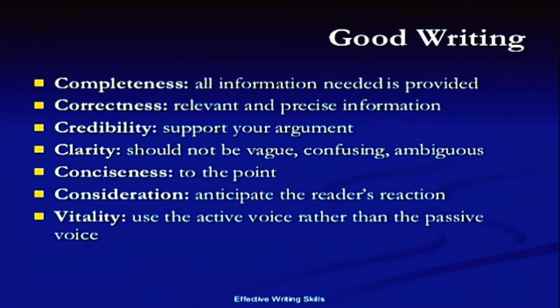Credibility, the written material supports your argument. Clarity means it should not be vague, confusing or ambiguous. Conciseness, it means the written material should be to the point. Consideration, it anticipates the reader's reaction, how the reader will feel after going through the written material. Vitality, here the writer should try to use the active voice rather than the passive voice.